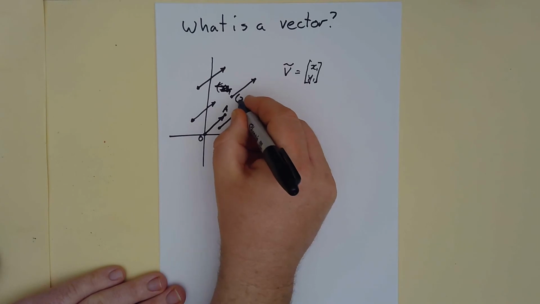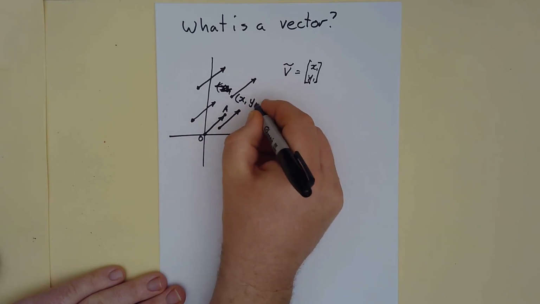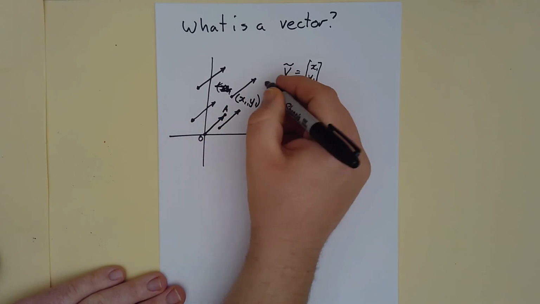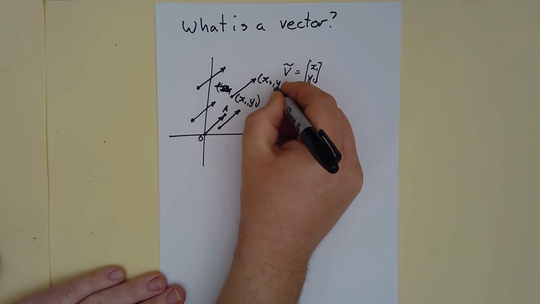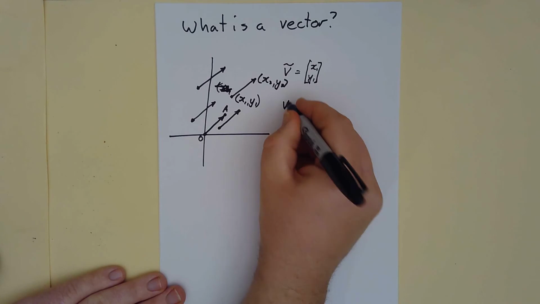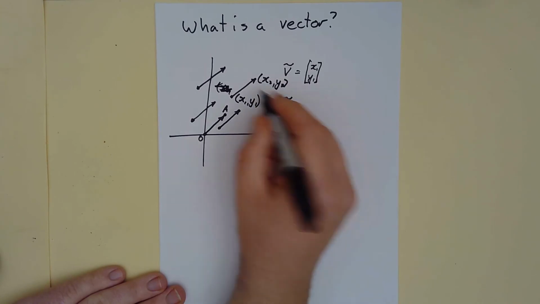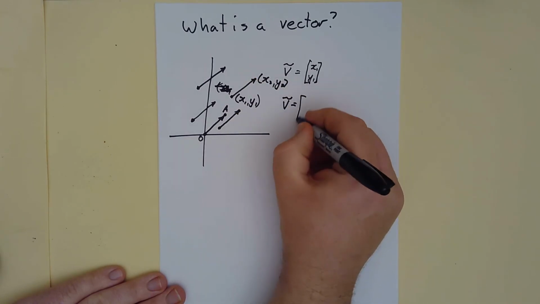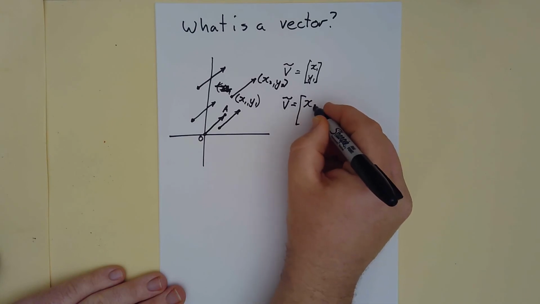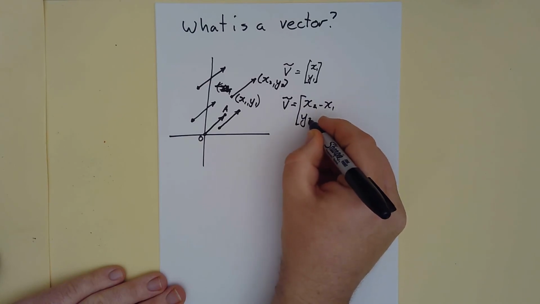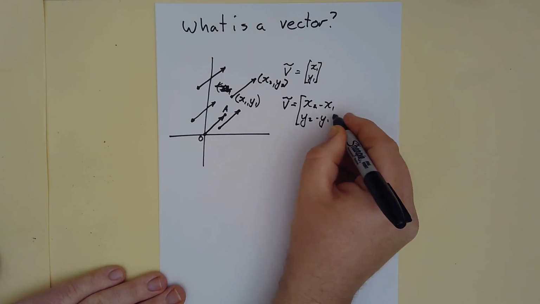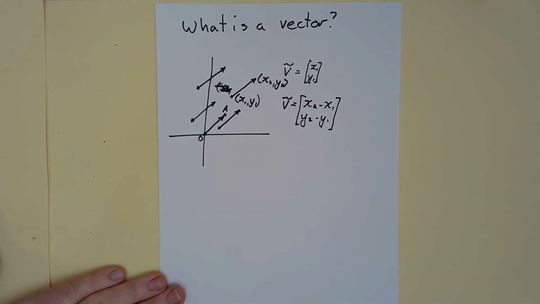So I'm going to call that x1, y1, and this one is x2, y2. Then my vector, there's the same vector, is going to be x2 minus x1 and y2 minus y1. And so that gives us our vector.